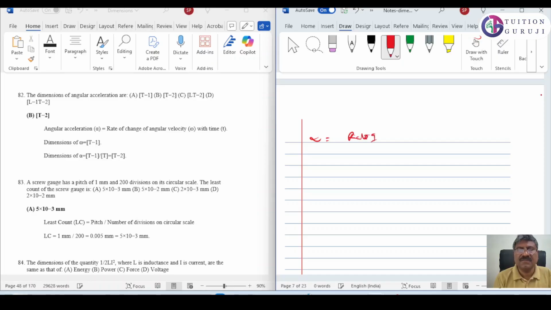That is angular velocity divided by time, which is omega by T. Omega is equal to T raised to minus 1, divided by T. That means T raised to minus 2. The answer is T raised to minus 2.